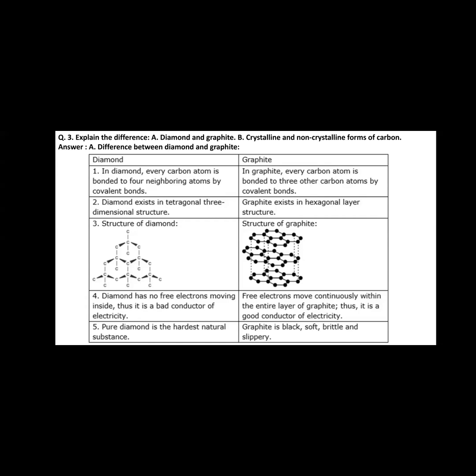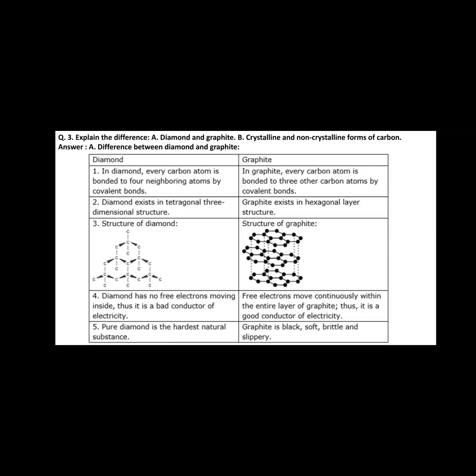But what happens in graphite? Only three carbon atoms are bonded to a central carbon atom in graphite. So the fourth electron is always free, because among the four outermost electrons, three get bonded to the three atoms in the graphite structure.